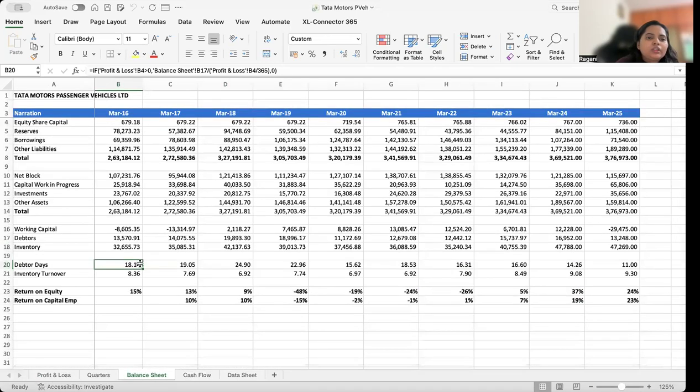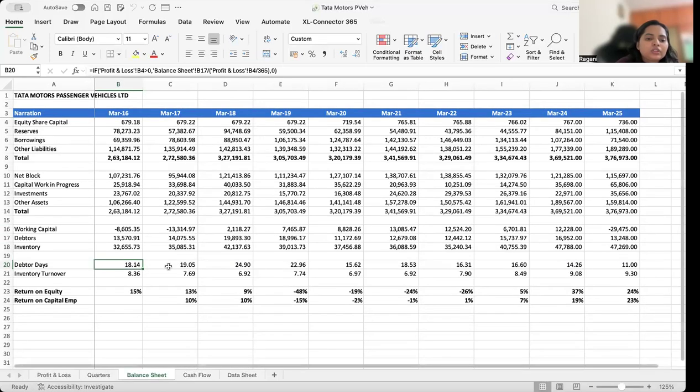Sales greater than zero, and took the data from the balance sheets for debtors. First is sales greater than zero, comma, balance sheet debtors greater than zero, then profit and loss.